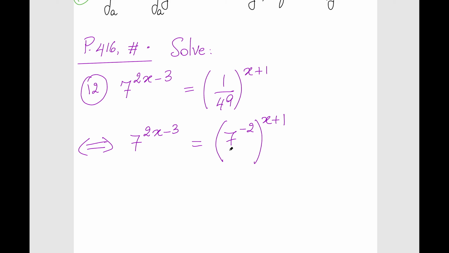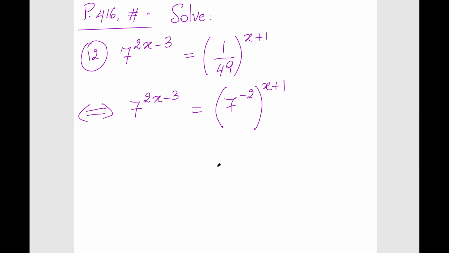Okay, and that's an exponential expression raised to some power. What do you do with the powers? You multiply them. So you get 7 to the power 2x minus 3 is equal to 7 to the power of negative 2 times x plus 1.